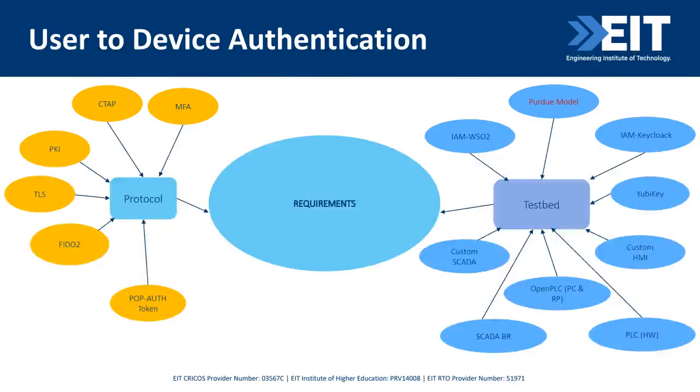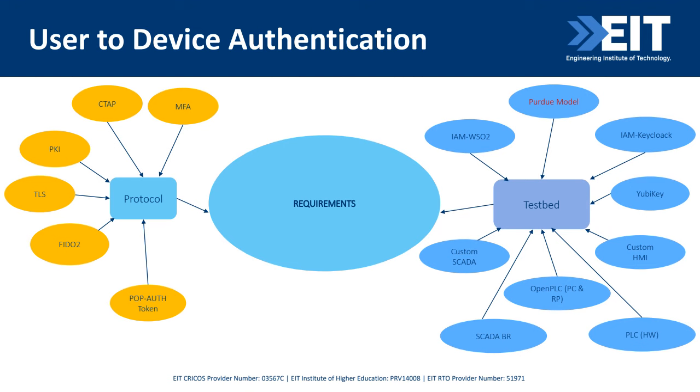And then we came up with more complex solutions. I wouldn't get into the details, but nevertheless, we were able to consolidate keyless authentication into just FIDO2, transport layer security, public key infrastructures, multi-factor, CTAP, token-based, and we were able to incorporate that whilst adhering to an international standard for industrial control systems, which is the Purdue model.